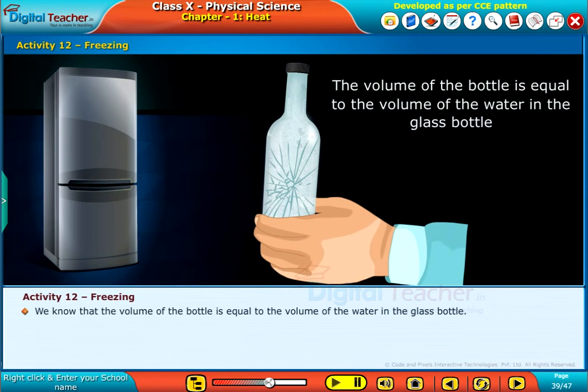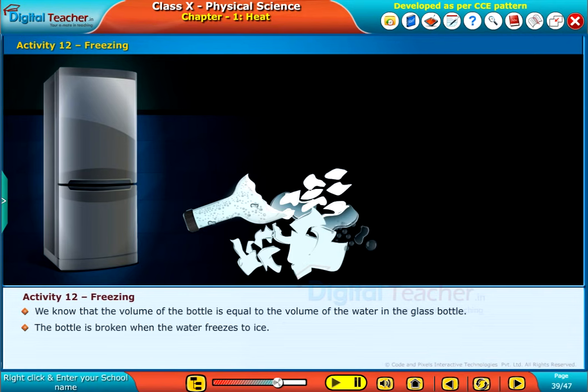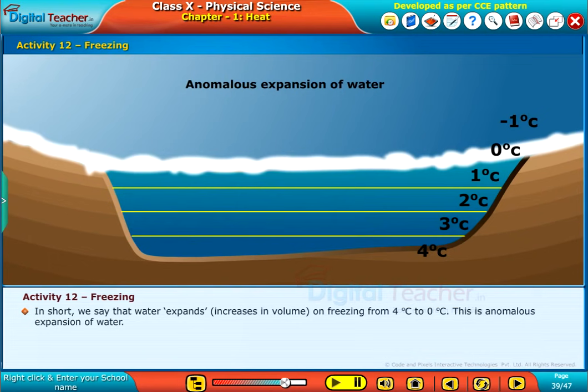We know that the volume of the bottle is equal to the volume of the water in the glass bottle. The bottle is broken when the water freezes to ice. This shows that the volume of the ice is higher than the volume of the water filled in the bottle. In short, water expands, increases in volume, on freezing from 4 degrees Celsius to 0 degrees Celsius.